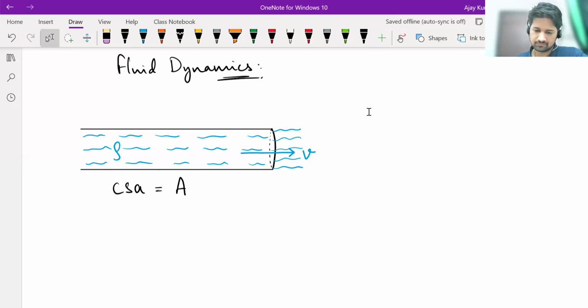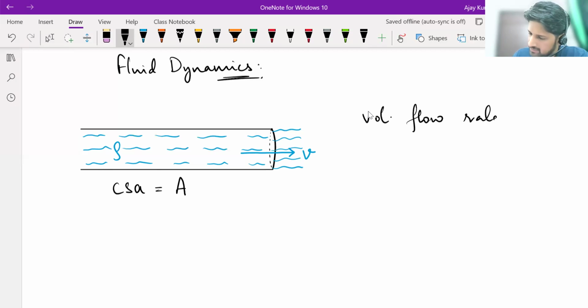Now, as time passes, liquid will keep flowing out of the pipe. So as liquid flows out of the pipe, we can define something called volume flow rate, the rate at which volume flows out of the pipe. It means how much volume comes out in how much time.